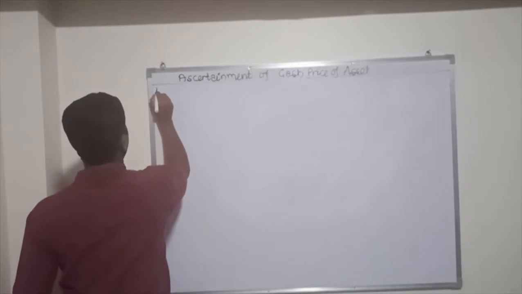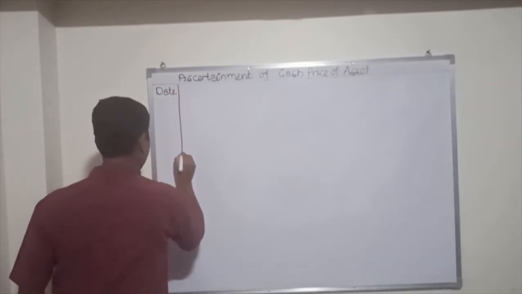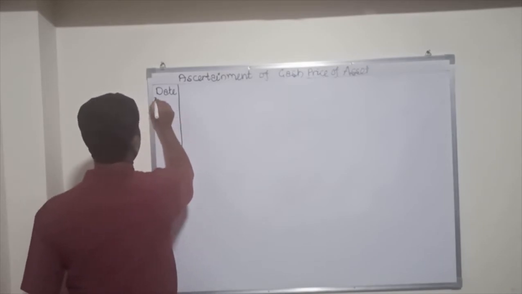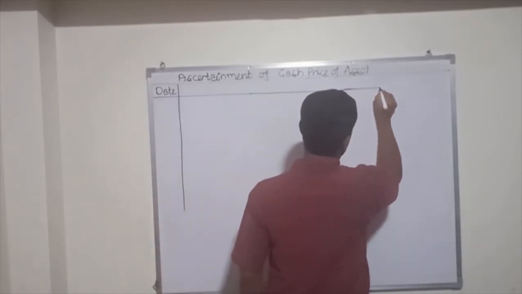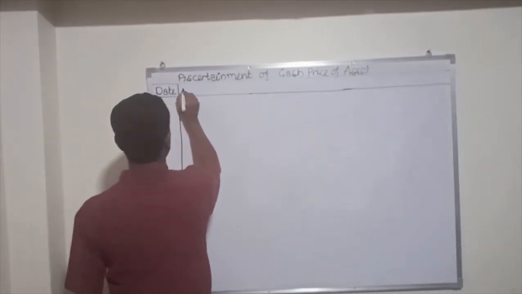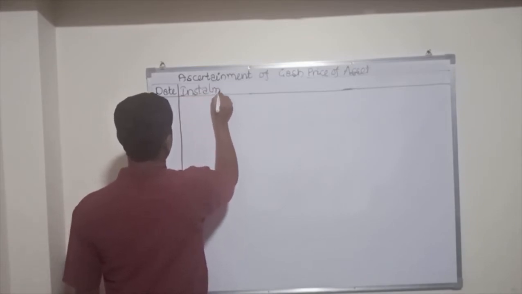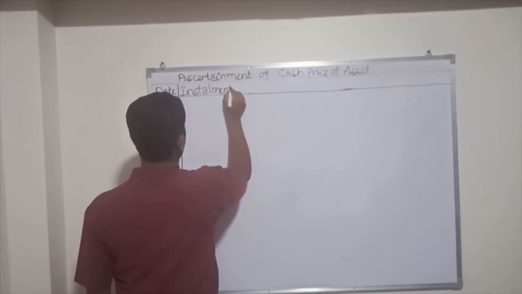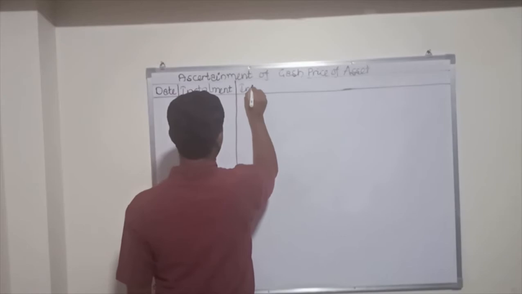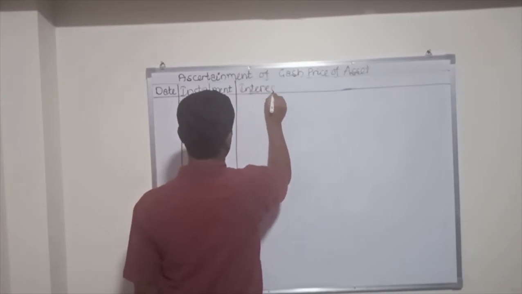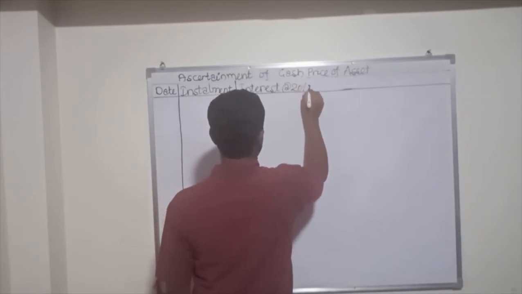So here it is date, installment, then interest, which is calculated at the rate of 20% per annum.